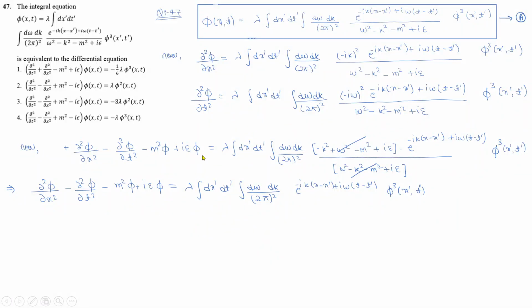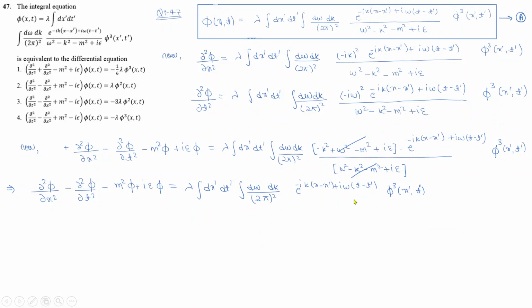So all these terms will be cancelled out from the denominator, and what we will be left with is lambda, and then integration with respect to x prime, t prime, d omega, dk, and then this exponential. So on the right hand side we only have this x prime, x and t in the exponential and this function.